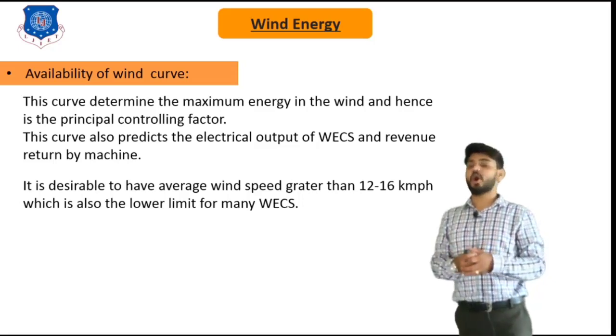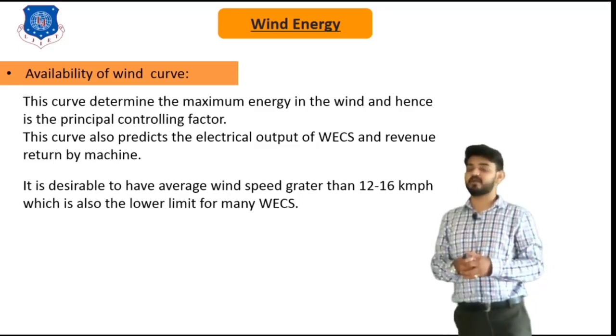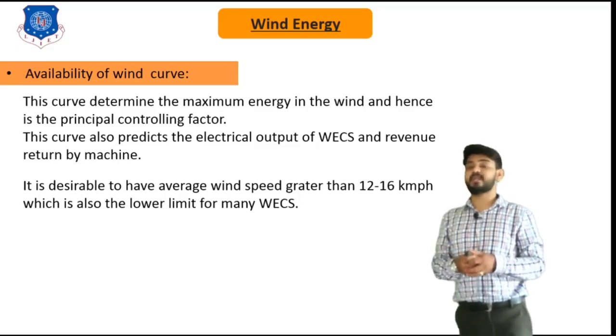This curve also predicts the electrical output of the wind energy conversion system and the revenue generated by it. So it is desirable to have an average wind speed of 12 to 16 kilometers per hour, which is also the limiting speed for many operating wind energy conversion systems.